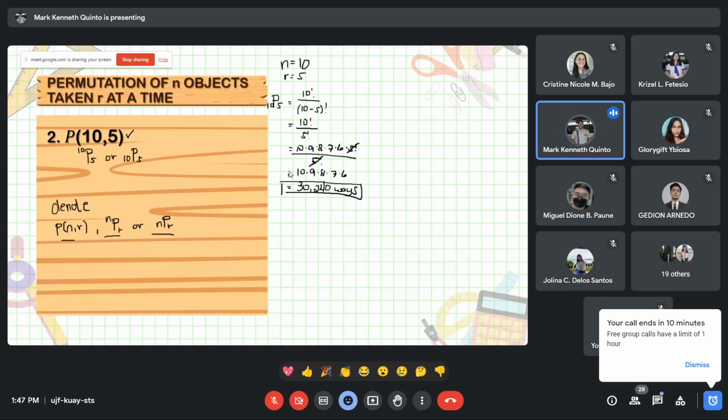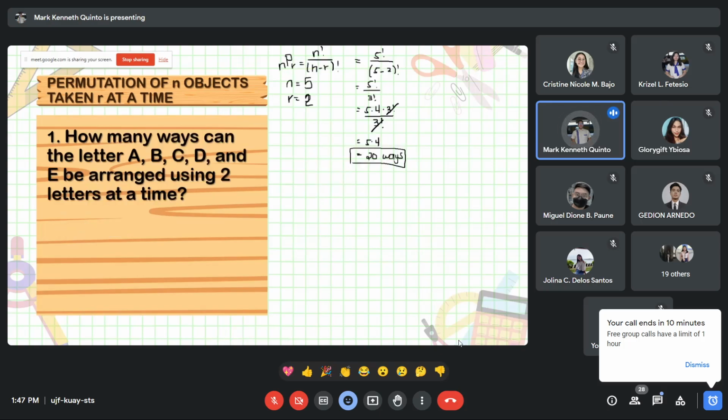Okay, now, I'm going to teach you that the permutation of n objects taken r at a time can be solved in the easiest way using your scientific calculator. Look in your scientific calculator for the NPR, or if there is no NPR, what is written is NCR, because NPR is used for permutation and NCR is used for combination.